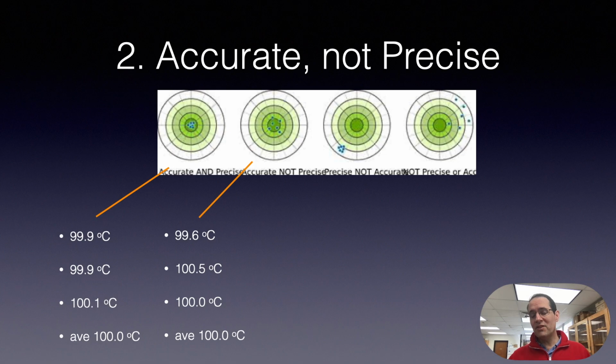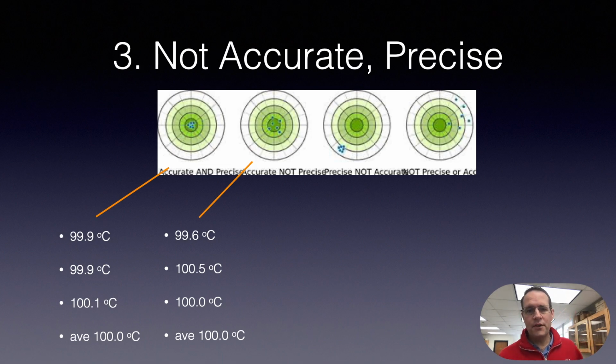So we say this is accurate because you got the right answer at the end of it, but it's not precise. There is significant random error, okay? Some is high, some is low. It all averages out. The error averages out to give you the net result of the correct 100 degrees Celsius. So that's accurate in terms of getting the right answer, but not precise in terms of a little bit of scatter in the data.